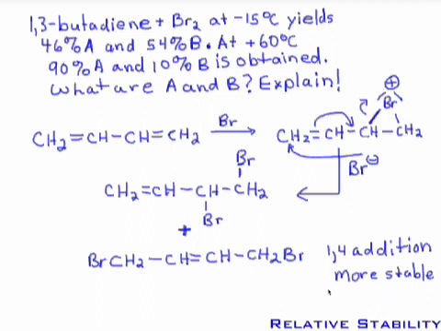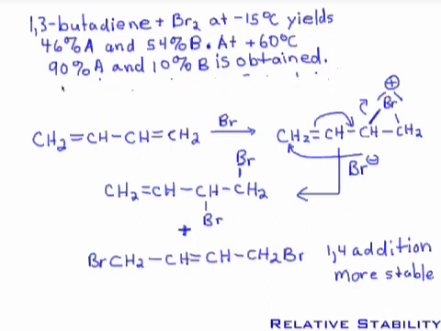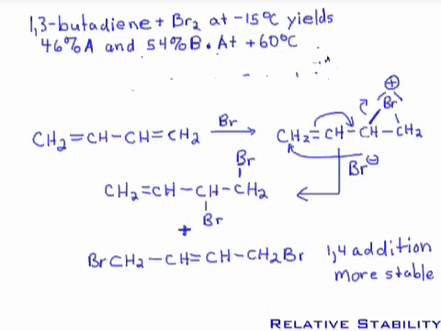But if we look at the potential energy diagram for this molecule, and I really don't have a lot of room, so I'm going to rub out the question here. I'll try to draw it at the top. I'm going to draw it from the bromonium ion.